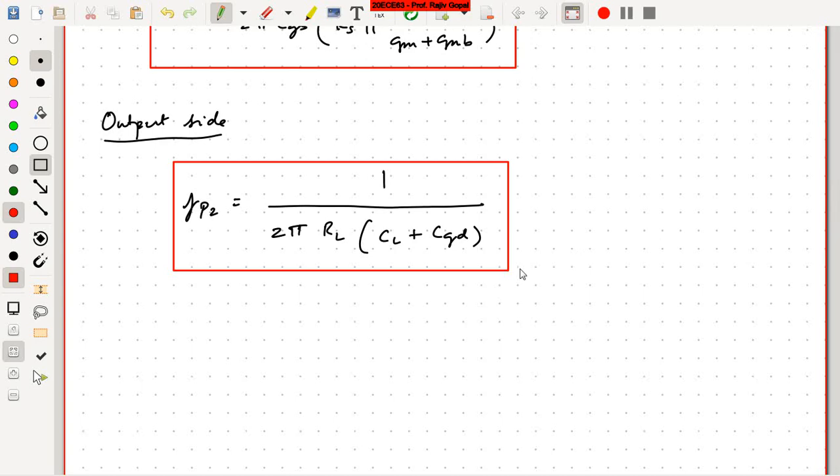Generally speaking, as a note, among FP1 and FP2, the lesser frequency will be your dominant pole. That will be our actual cutoff frequency, right?